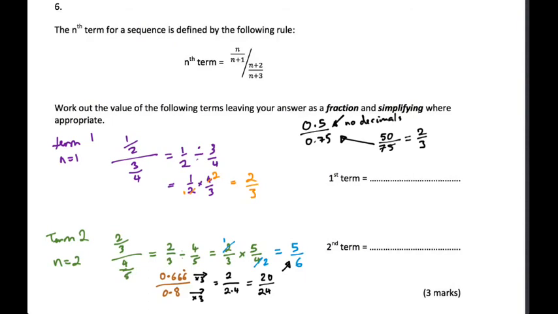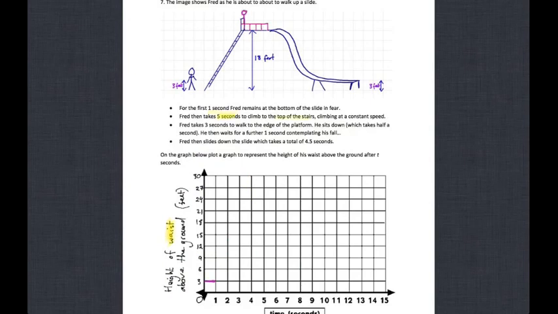Okay, next question then. This question was mostly done well. So I'll go back a bit, I've skipped a step. So things to note in this question, it's the height of the waist above the ground, and he starts with his waist 3 feet above the ground.